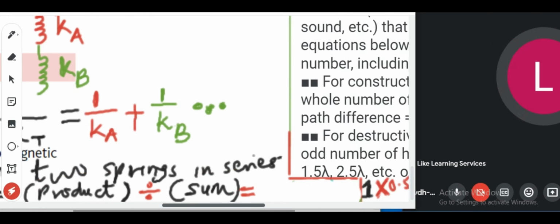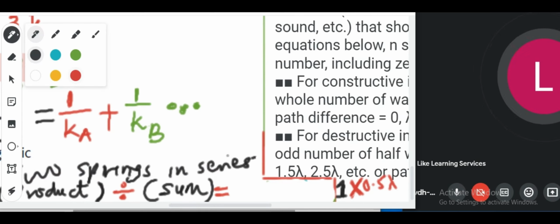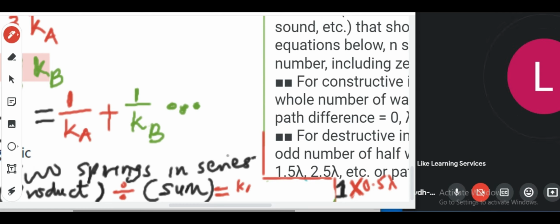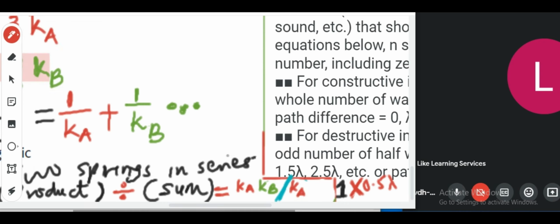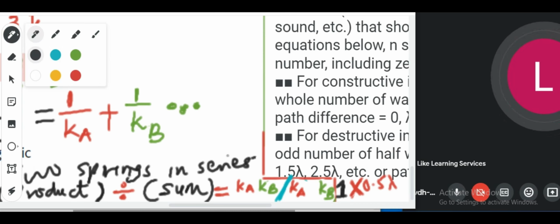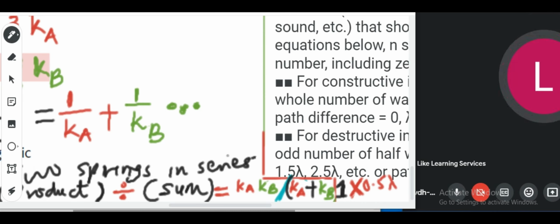That's only for two springs in series, which in this case is going to be Ka times Kb divided by Ka plus Kb, with our bracket in place. Okay, that comes out better now.